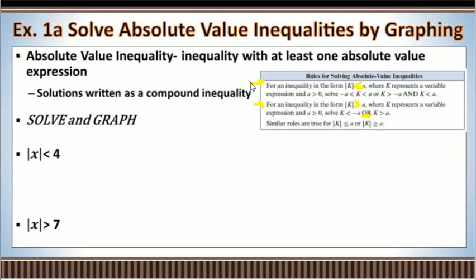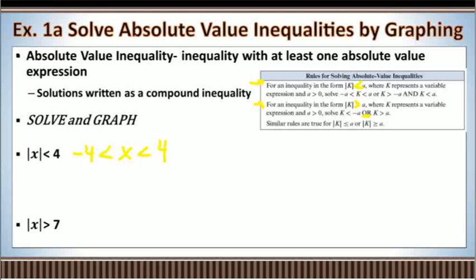So let's look at this first example. The absolute value of x is less than 4. So I have to write that as an inequality. Since it has less than, it's a conjunction. So x should be in the middle, so it can be greater than negative 4, and it can be less than positive 4.